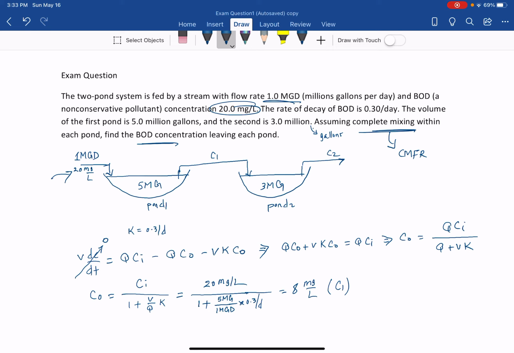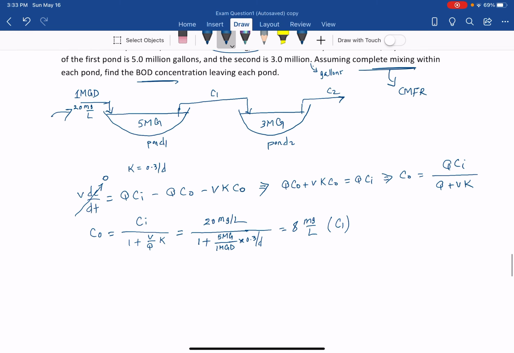Now we're going to use C1 as the influent for the second pond. We'll do the same thing as we did for the first pond. Let's look at the second pond.